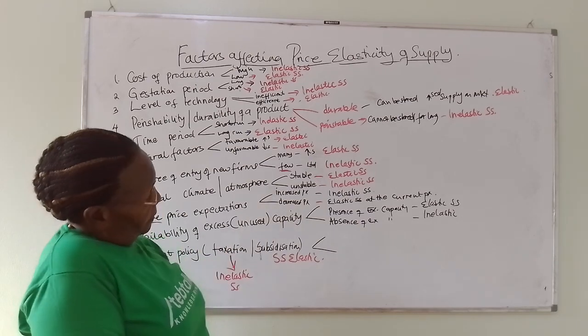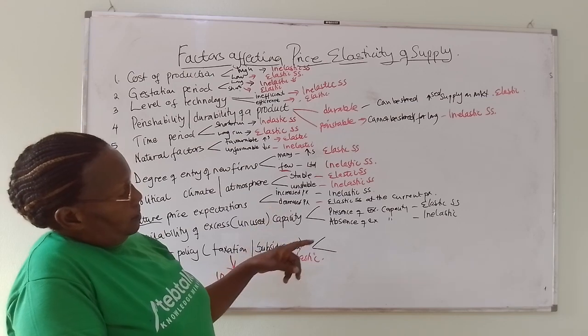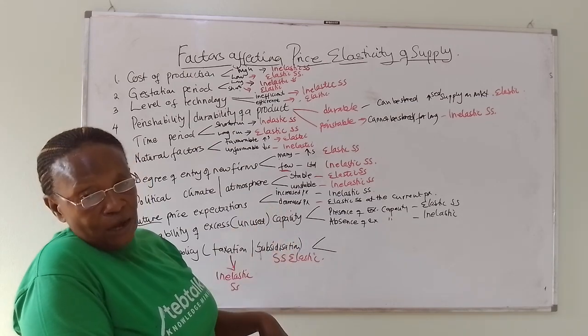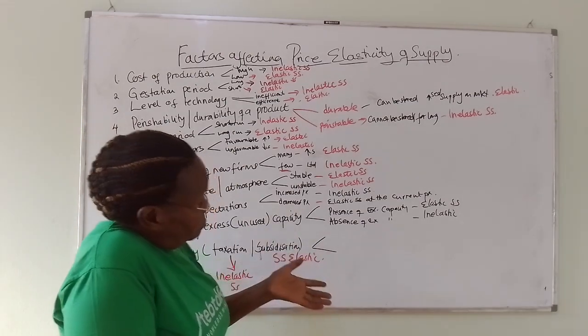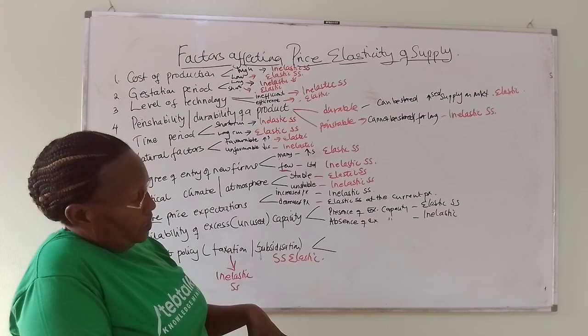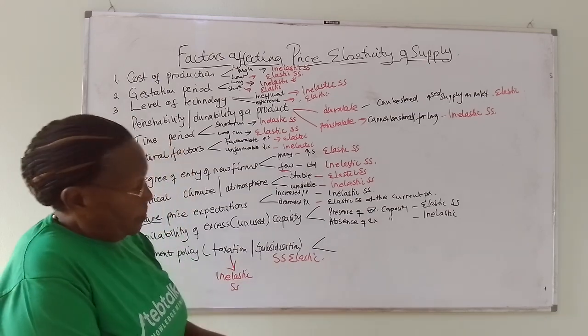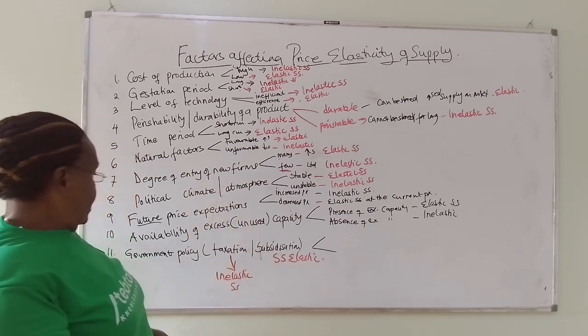Then future price expectations: expecting an increase in the price in the future will make you not produce now, so that you wait to produce when the price is high and get maximum profits. But when you're expecting a low price, no way. You supply more now while the price is still high, making the supply elastic.